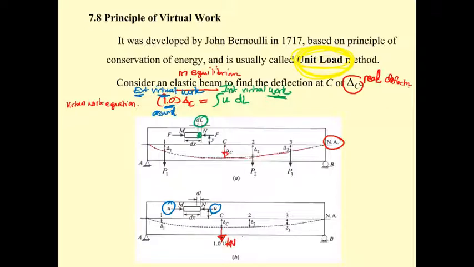You must change it to a 1.0 kilonewton meter, that is the moment, times theta, let's say at point C. And that is going to be the integration of u due to this moment, let's call it u sub theta, times dl. That is the equation that you may use to find the slope.